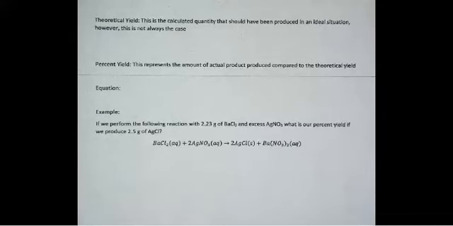Now, those of us who have spent any time in the lab understand that oftentimes the amount of product that we make in a chemical reaction hardly ever matches our theoretical yield.